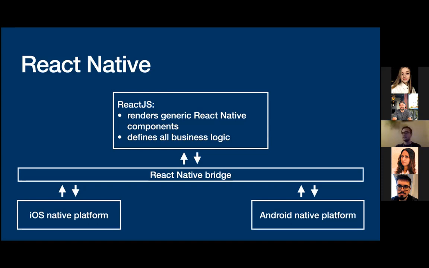You don't participate in that. You don't need to write any code for that to happen. The only code that you write is React code. So you only write JavaScript code, you only define the business logic, and the React Native framework handles talking to that native process running in the background for you. So you don't have to actually do anything for that to happen.